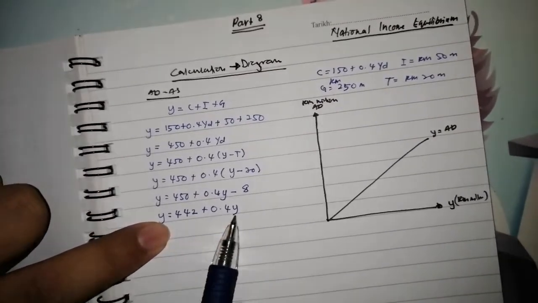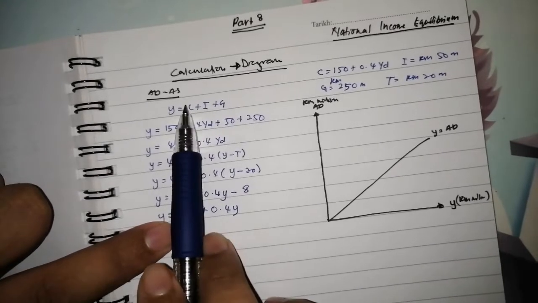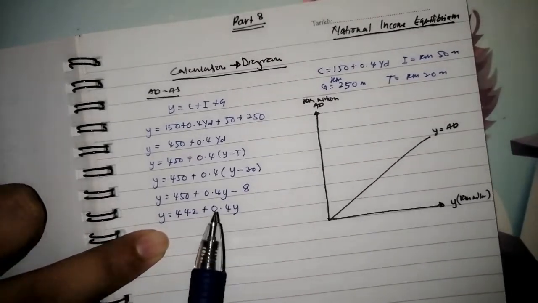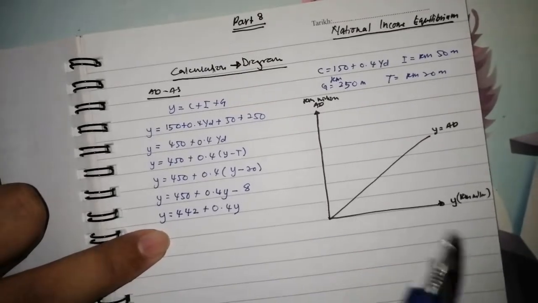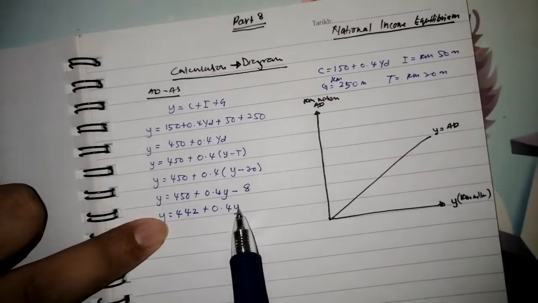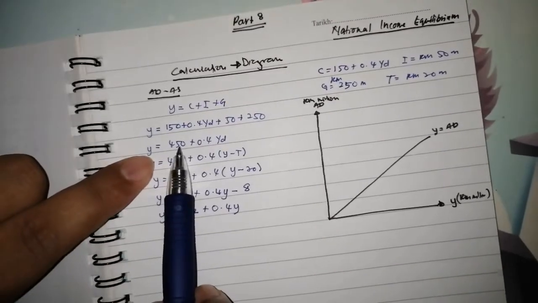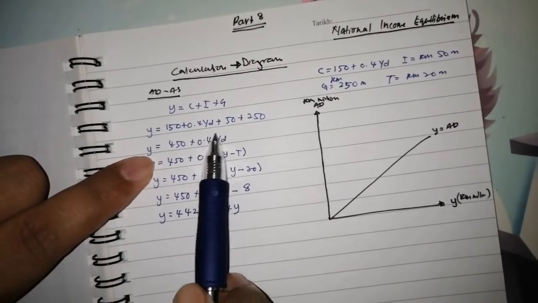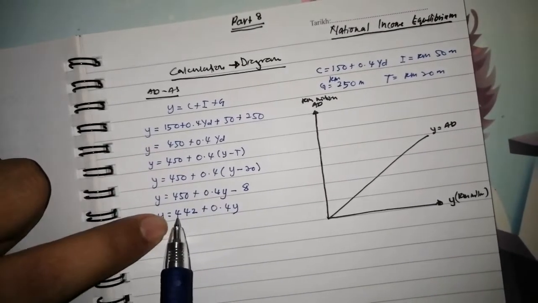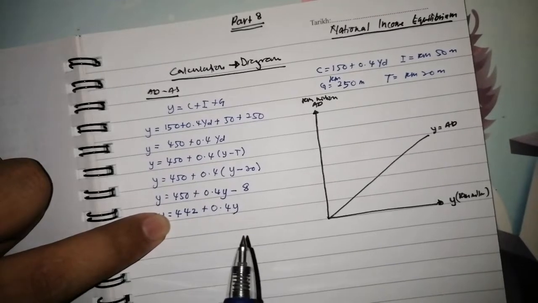This is the equation of C plus I plus G in Y, or 450 plus 0.4 YD in YD, or 442 in Y.